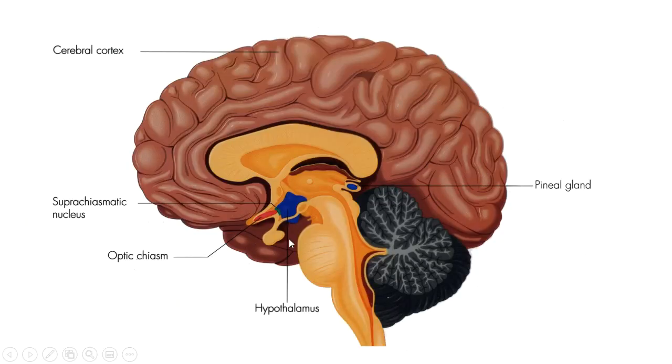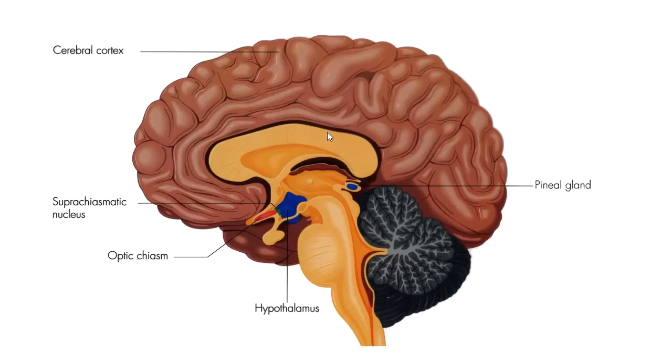So this is the hypothalamus, and the hypothalamus is responsible for regulating hunger, thirst, temperature, sex, those types of things. And there's a big important part of the hypothalamus. This is called the suprachiasmatic nucleus. And the suprachiasmatic nucleus is an important structure in terms of regulating sleep.